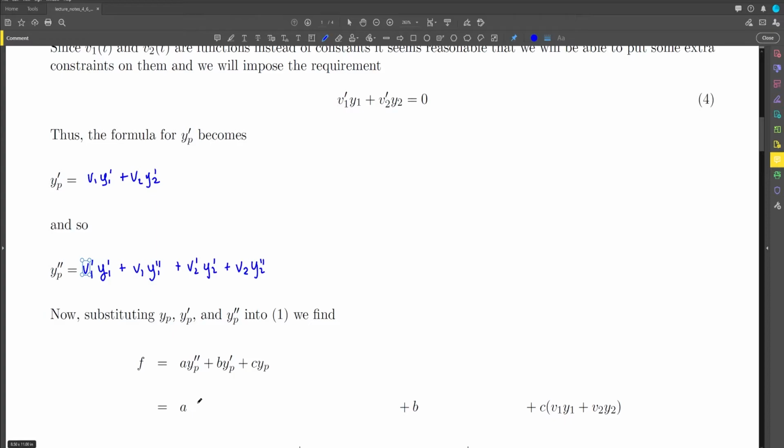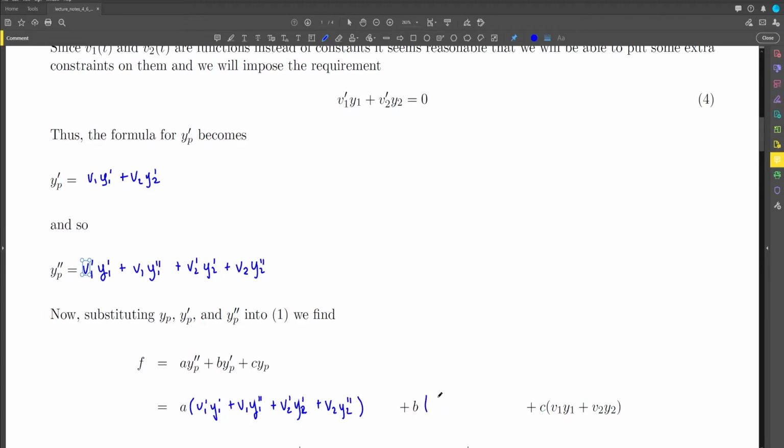So we have a times yp double prime, which is this one right here. That's v1 prime y1 prime plus v1 y1 double prime plus v2 prime y2 prime, and then plus v2 y2 double prime.